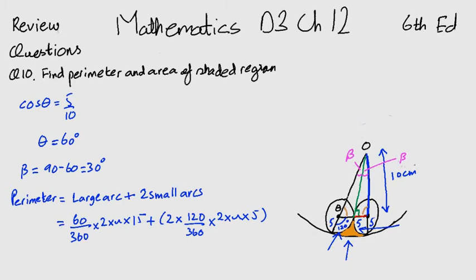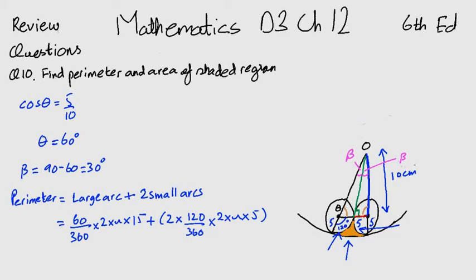The two small arcs are going to have a similar perimeter, because both of them subtend equal angles of 120 degrees. So 120 divided by 360 into 2 pi r, the radius here is now 5, and we multiply it by 2 because both of them are the same.